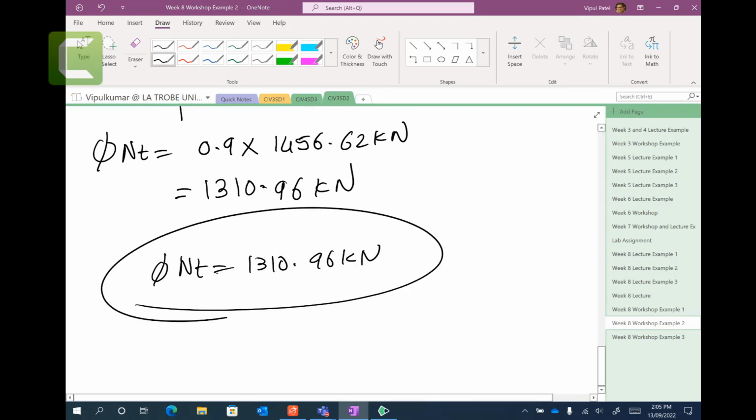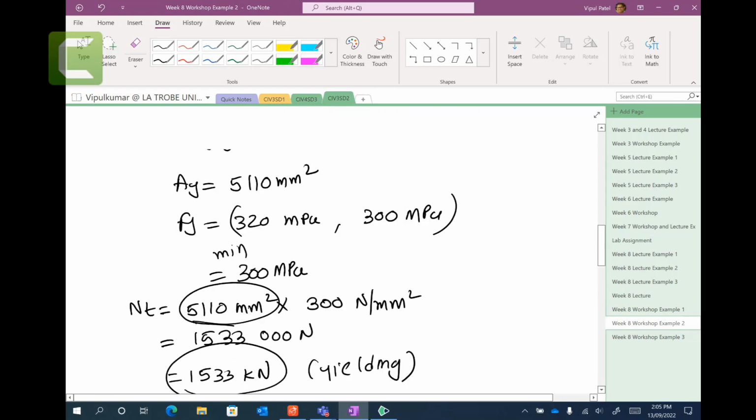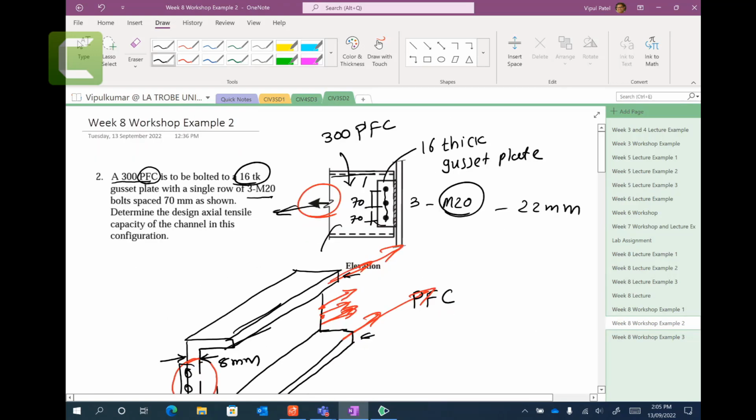So you cannot pull more than 1310 kilonewtons, otherwise this will fracture here, and you will have a separation that we don't want.